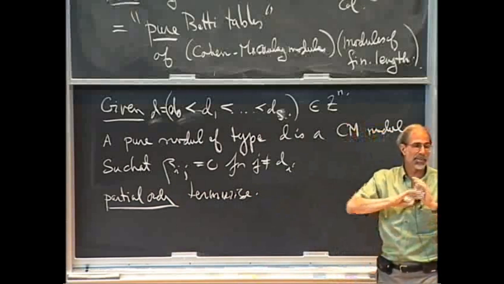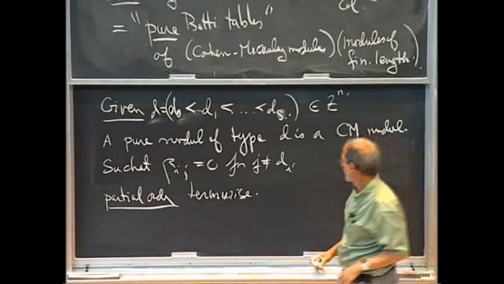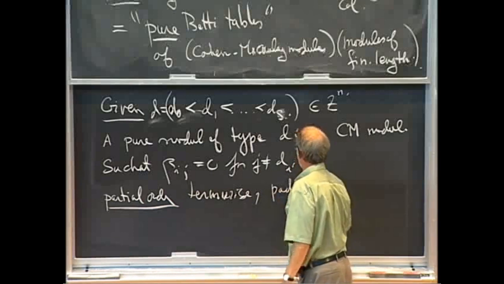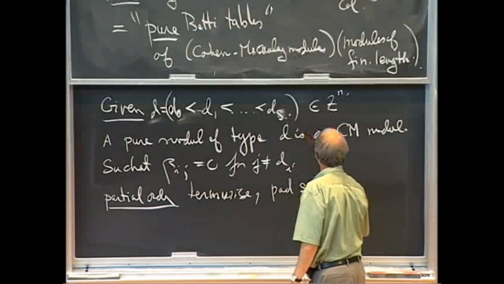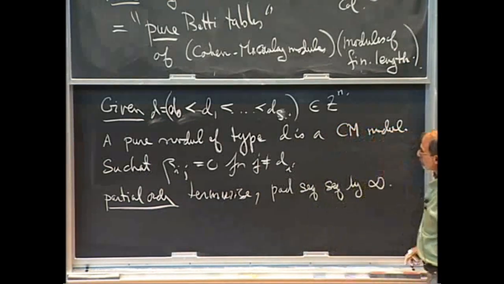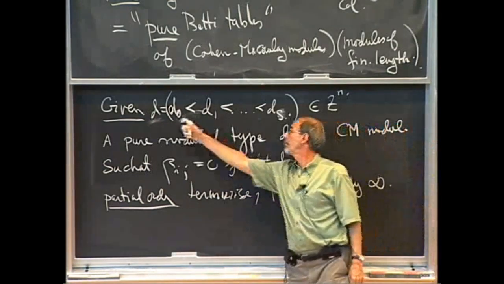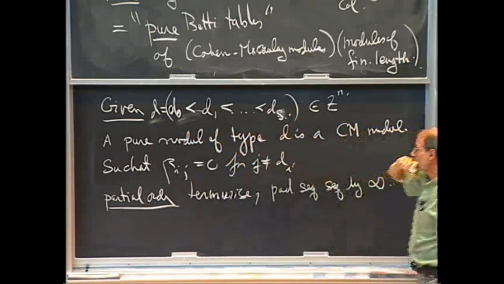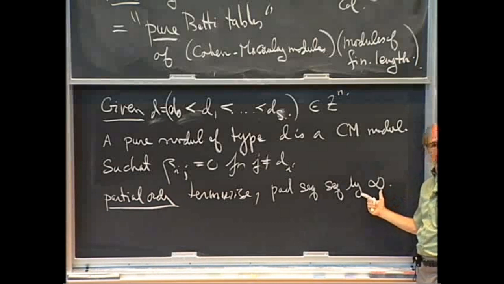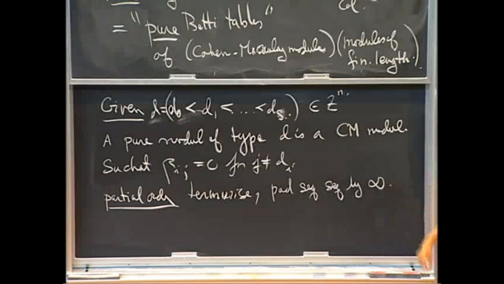So I'll just pad everything by infinity. In other words, if you have two sequences that have different lengths, then the shorter one is always bigger, or they're not comparable.